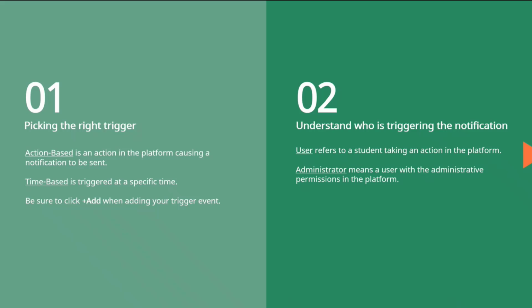So is it those that are sending the trigger, or is it your administrators? The easiest way to think of an administrator is anyone but a student. That includes your instructors, your content creators, your operations managers. So knowing who and what performance is going to create that trigger is important.